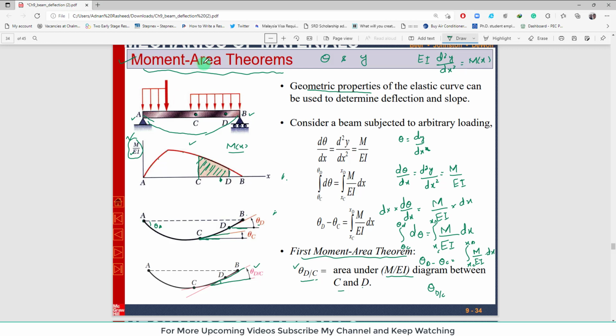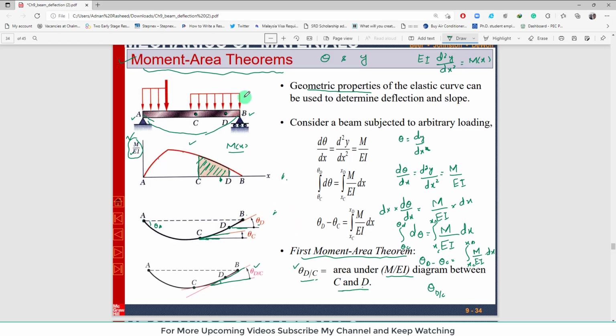So the first moment area theorem can be defined as: the slope between any two points is equal to the area under the M over EI diagram between these two points. Here the points taken are C and D, so theta DC is equal to the area under the M over EI diagram between C and D. Clear?